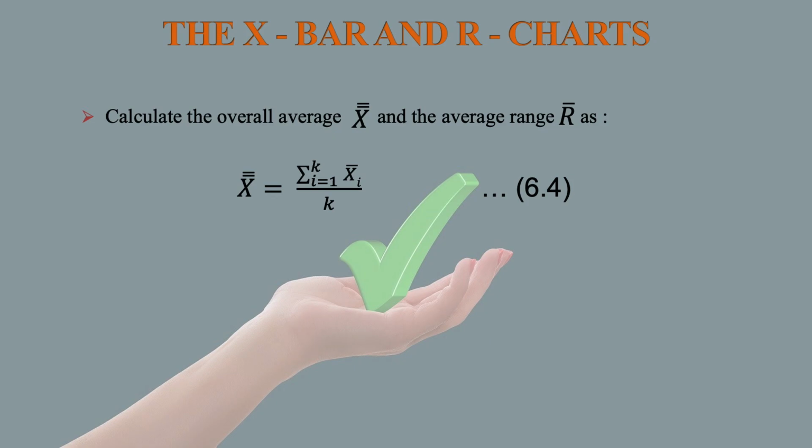And similarly we can calculate R bar equal to summation of all ranges for each and every sample, and this summation starts from i equal to 1 to K, whole divided by K.